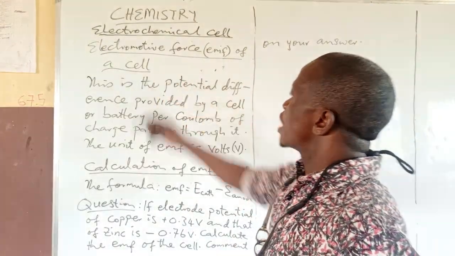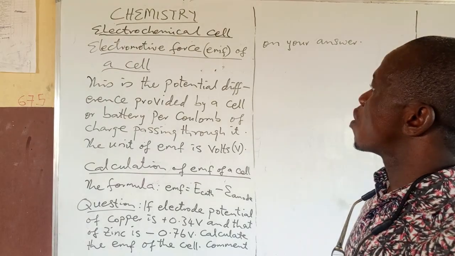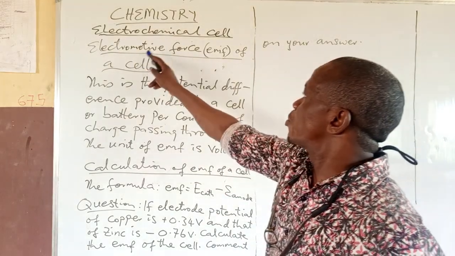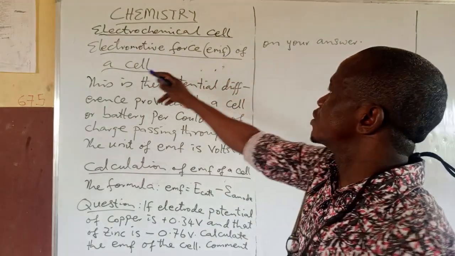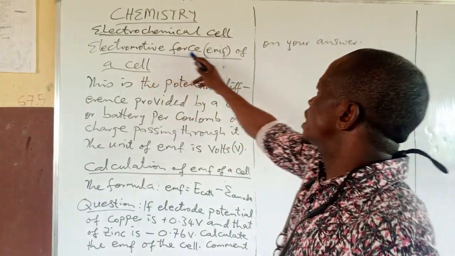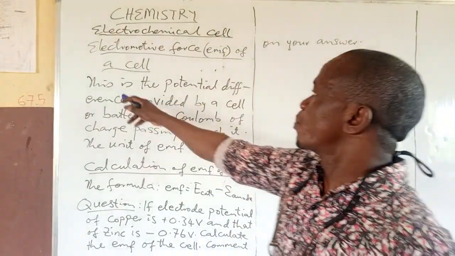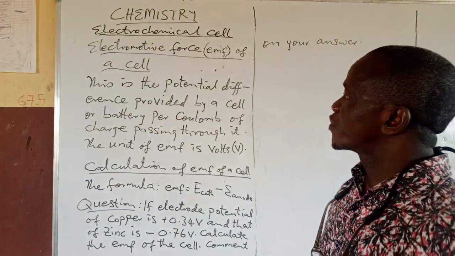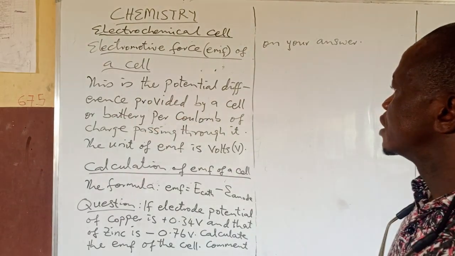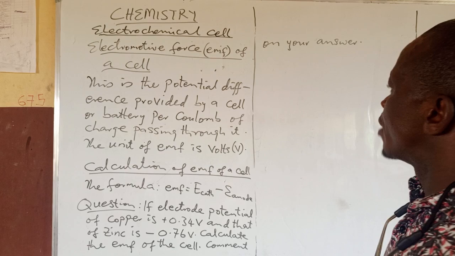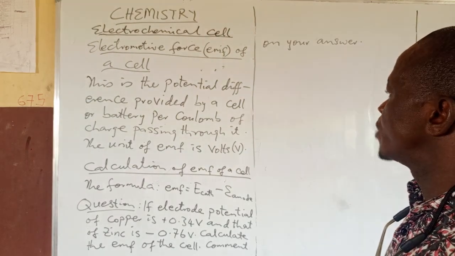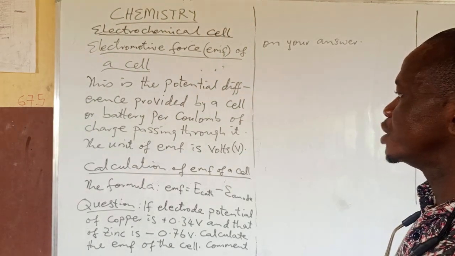Next is the electromotive force of a cell. Electromotive force, EMF, of a cell. If you don't want to call it electromotive force, you can call it EMF of a cell. What is it? This is the potential difference provided by a cell or battery per coulomb of charge passing through it.